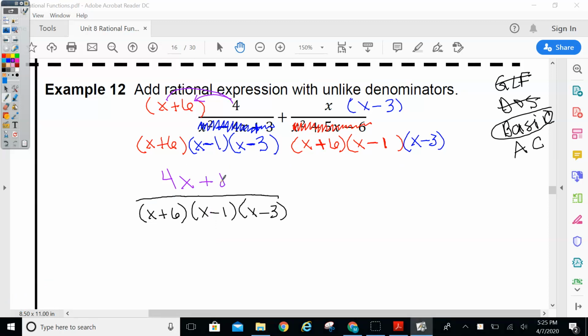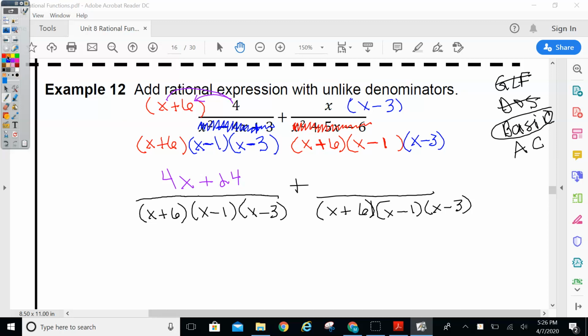So I get a plus 24 here. So now the second fraction plus, this denominator is all this stuff again. x plus 6, x minus 1, and x minus 3.